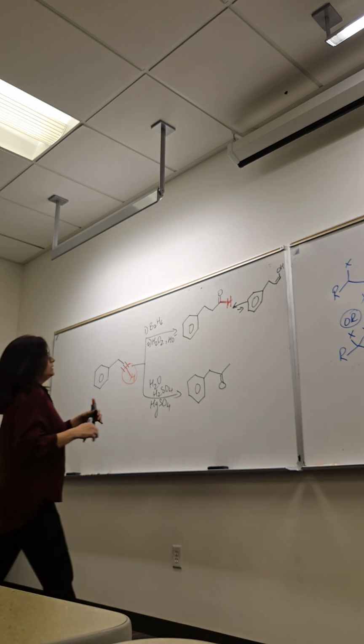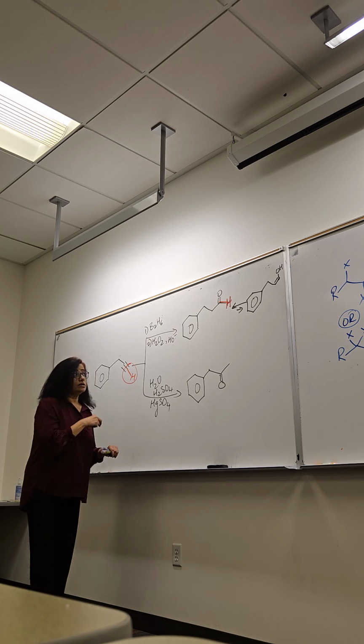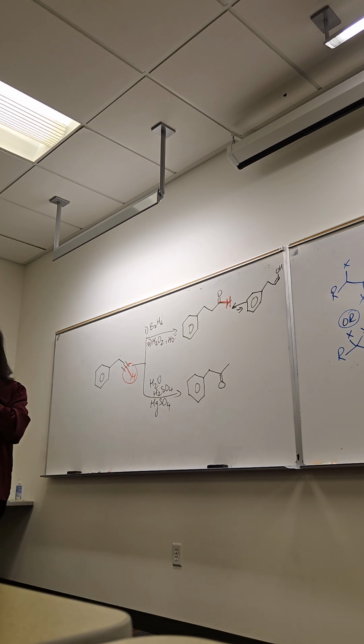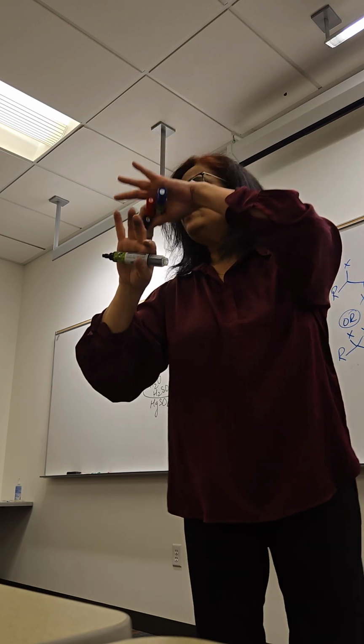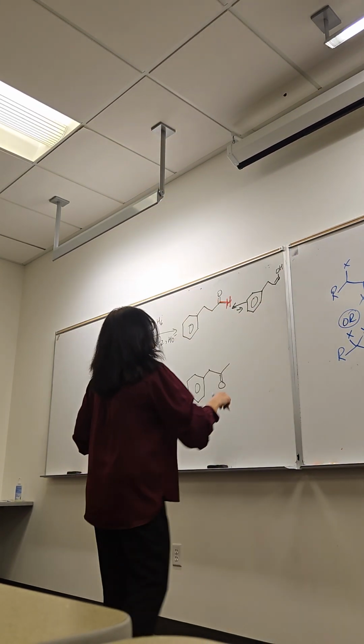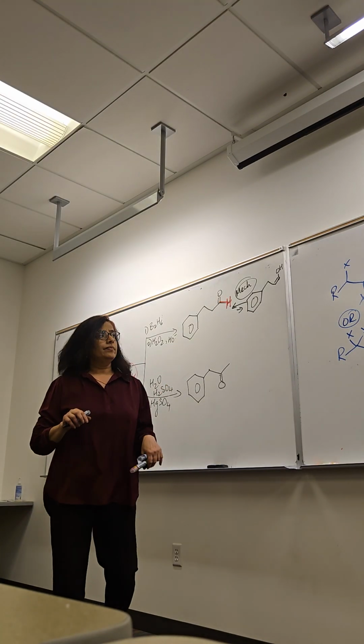That's why the equilibrium favors that. That process is called tautomerism. It's not resonance. It is actually a double bond moving, but an atom is also moving at the same time. This mechanism we should be able to write. It is either acid catalyzed or base catalyzed. It can happen in both.